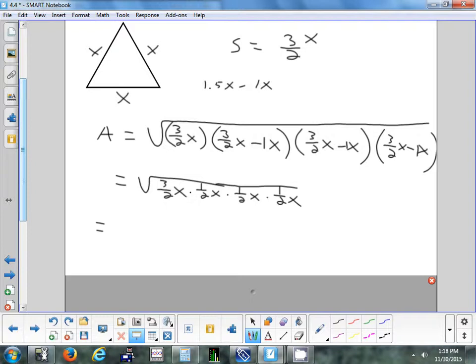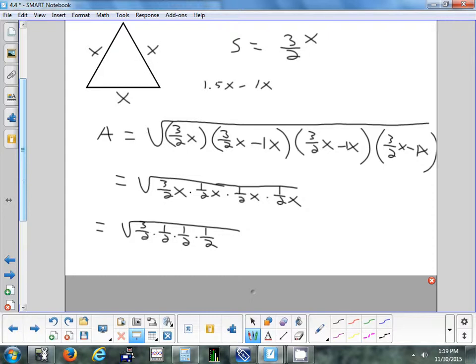Like if I did 2 times 5 times 6 or 6 times 5 times 2, does it make a difference? No. So what I'm going to do to simplify this, just group all my numbers together. 3 halves times a half times a half times a half. And then I have x times x times x times x.